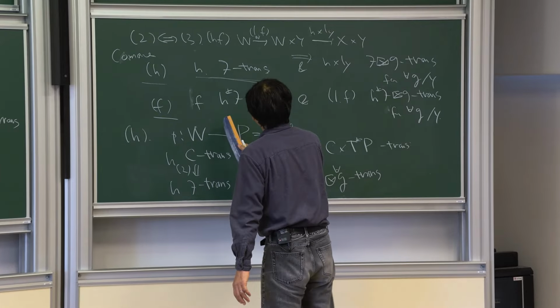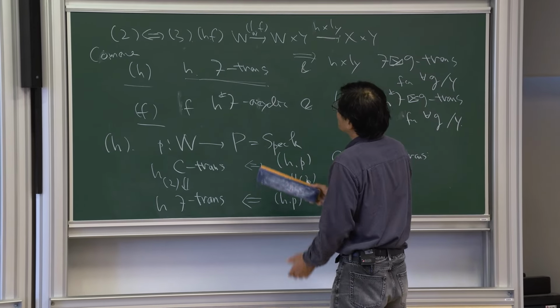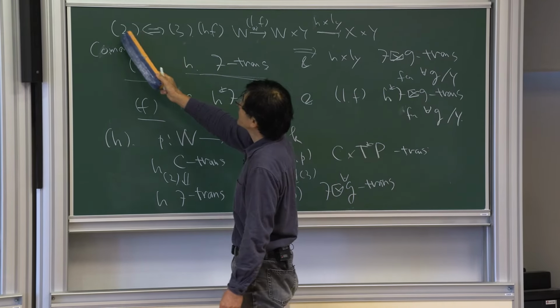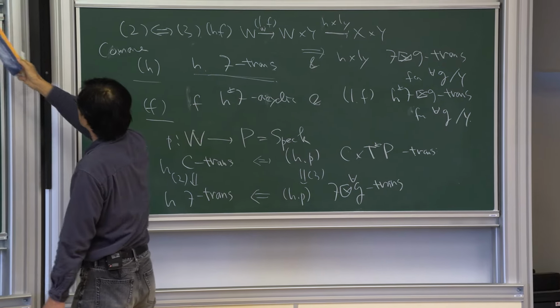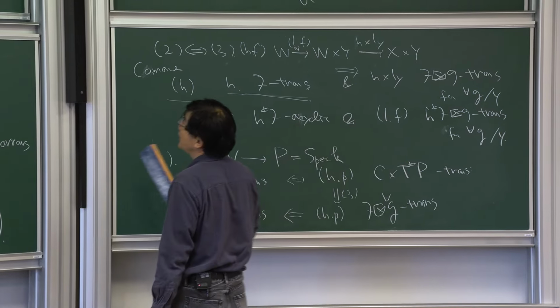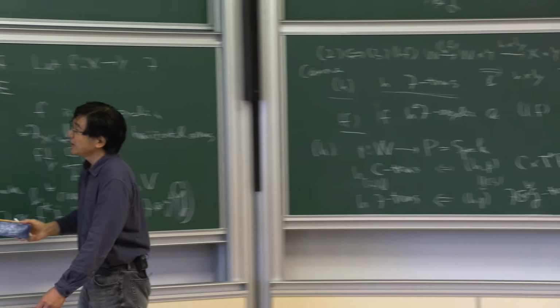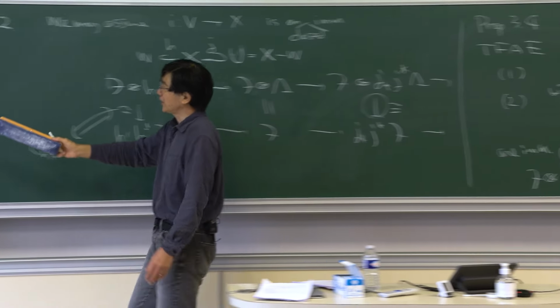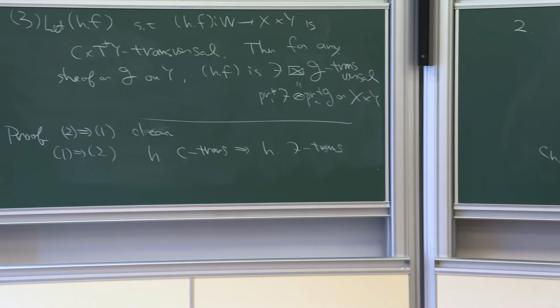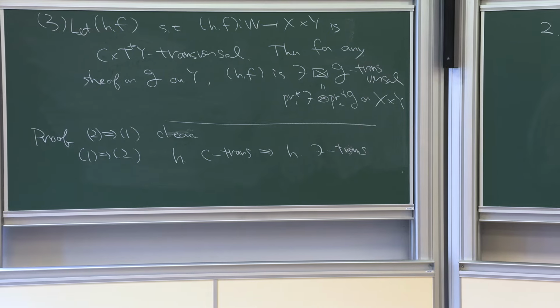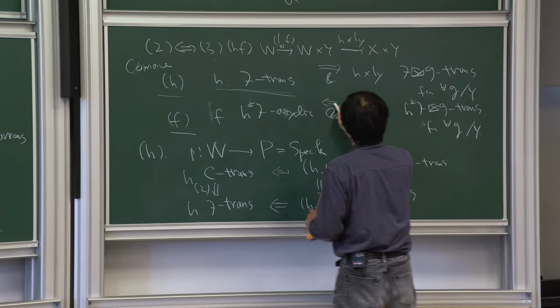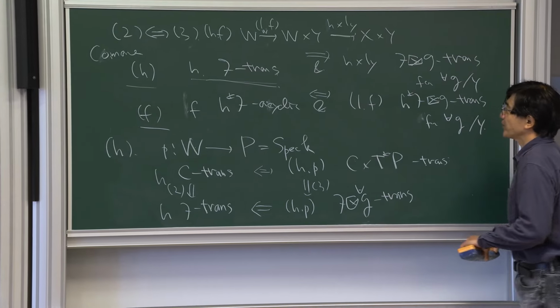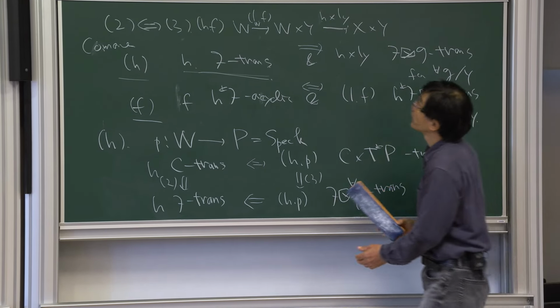So now this number 2 implies this acyclicity, and the number 3 implies this transversality. So we need to have this equivalence.